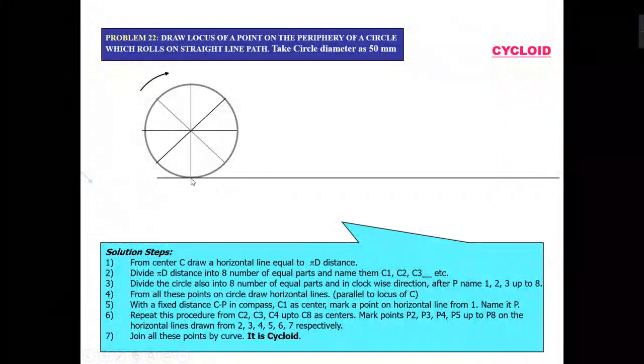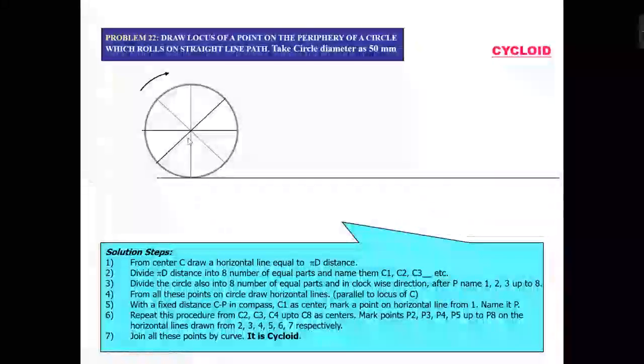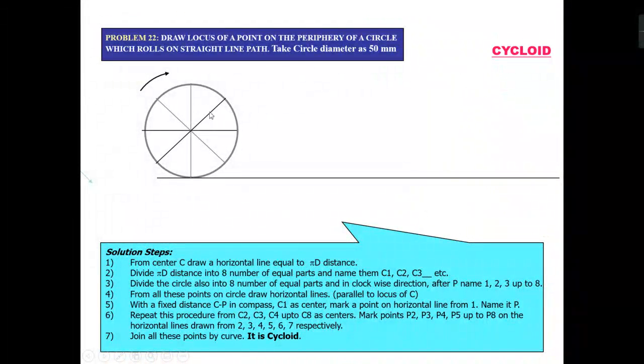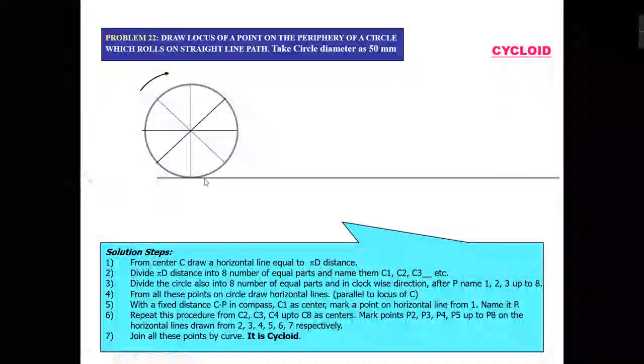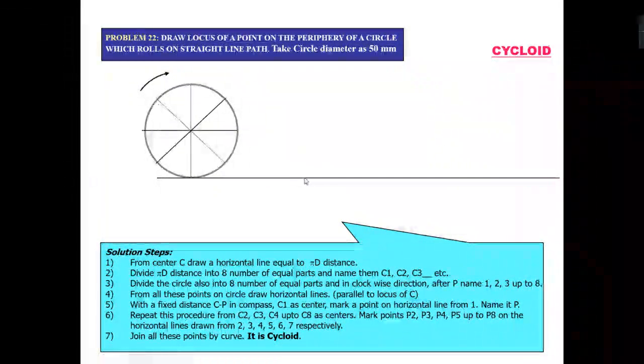And the distance covered by this circle will be nothing but pi d, right? So if I divide the circle into 8 equal parts, then I have to divide the pi d length into 8 equal parts.